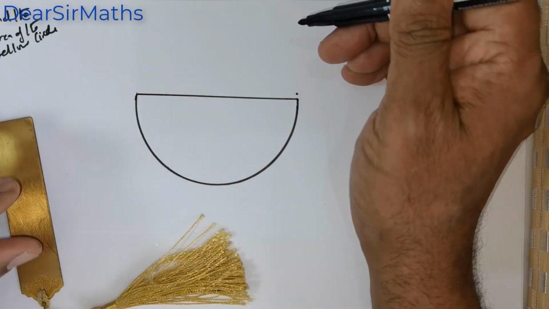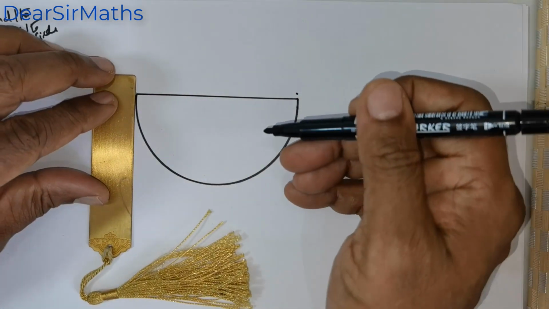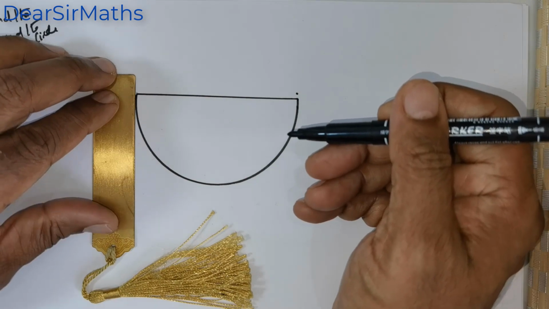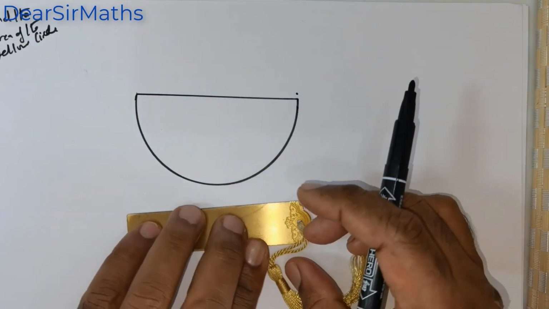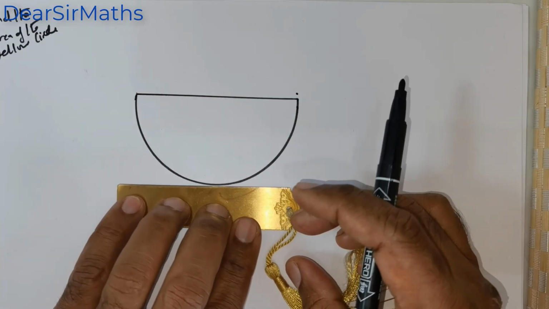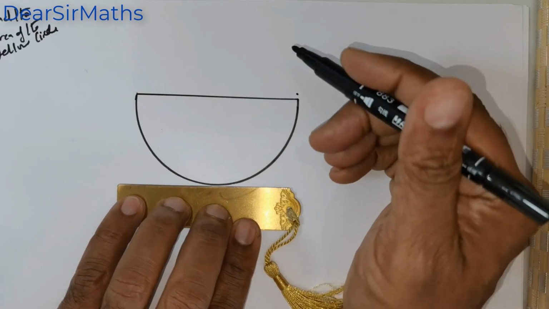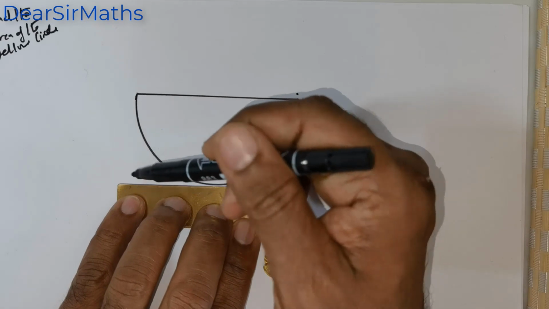So having mentioned that, we got a semicircle, and then the semicircle is actually present inside a rectangle.